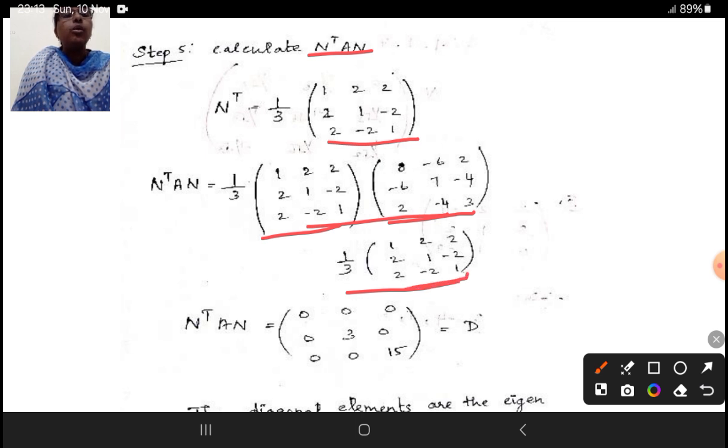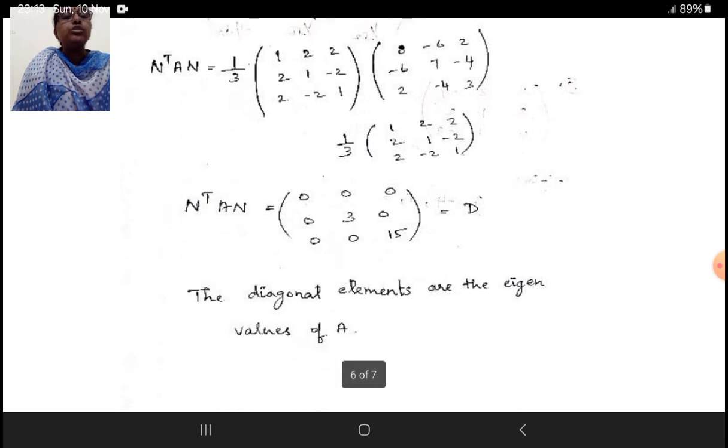Multiplying all together and dividing by 1 by 3 times 1 by 3, which is 1 by 9, we get the matrix with 0, 3, 15 only on the diagonal, and the remaining values are all 0. That is, we get the diagonalized matrix. This is the conclusion for this sum.